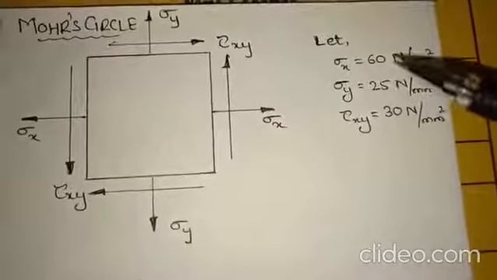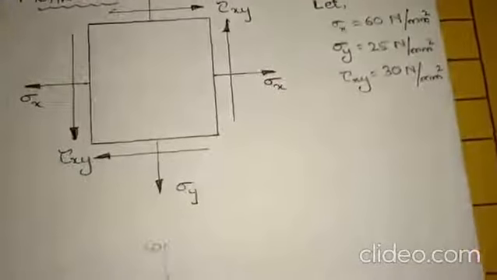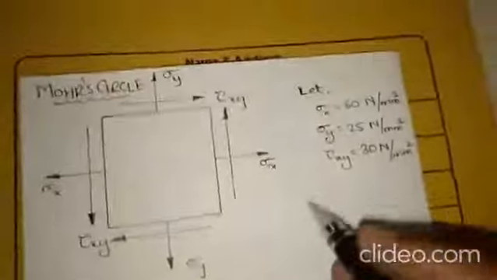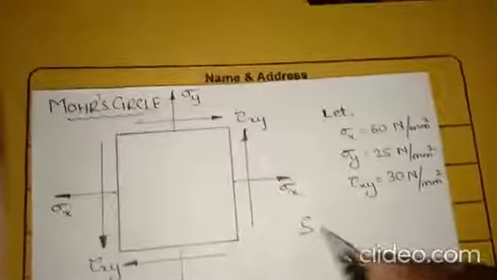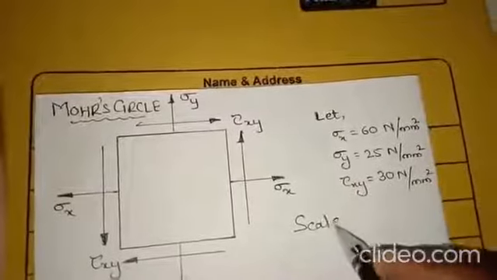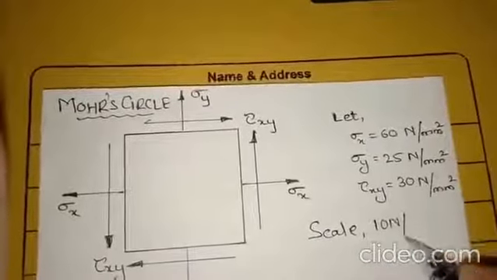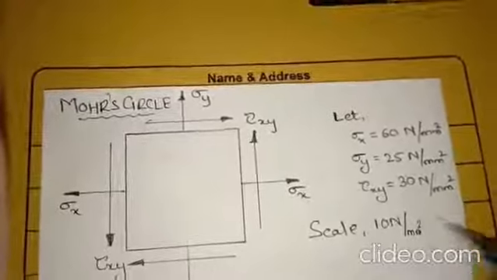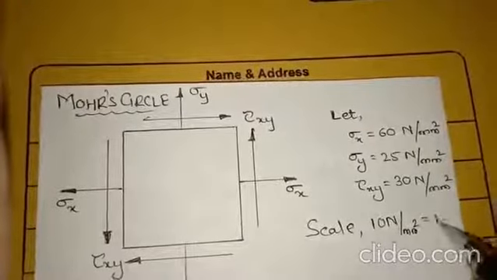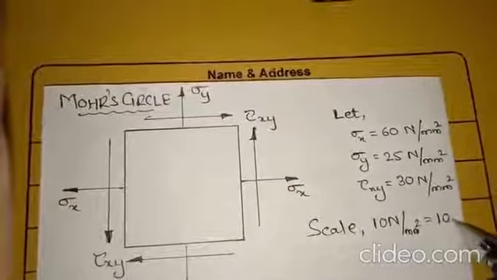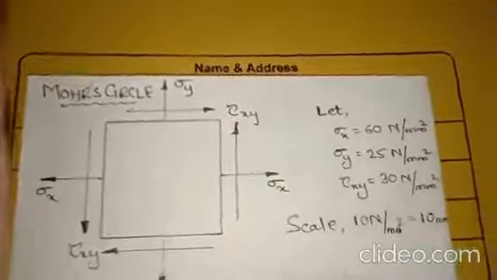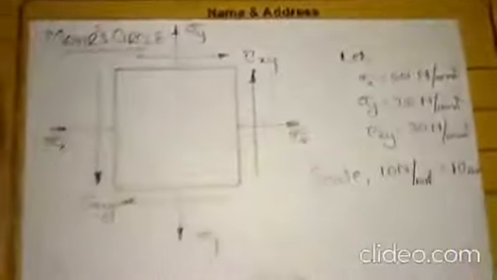Now based on these values, I will select a scale. I will select a scale stating that 10 Newton per mm square is represented by 10 mm.